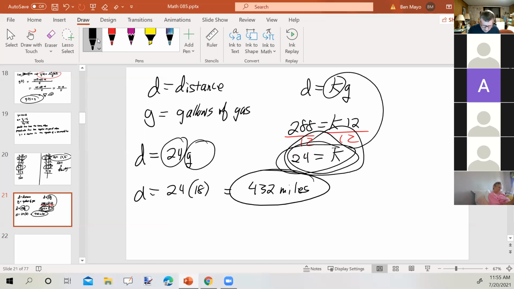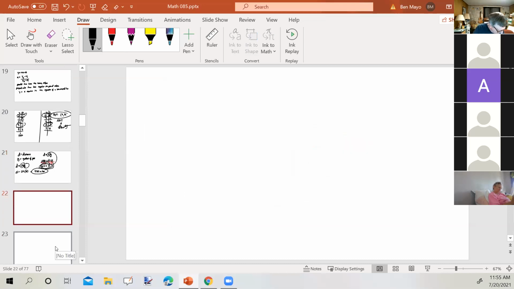Okay, another example. Gas pressure under constant temperature: the volume occupied by a gas varies inversely to the pressure applied.